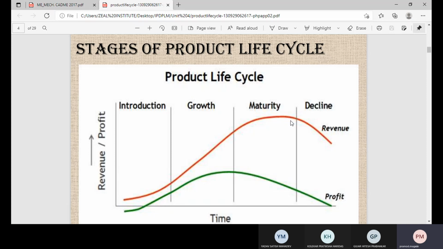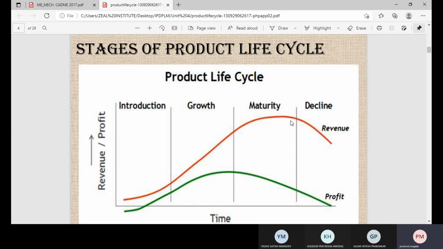In case of profit also, in the introduction phase we cannot calculate the profit because this is just an intro. Whatever money we have spent on the development of that particular product cannot be recovered in the introduction phase. It will be recovered between the growth and maturity span. Correct? If your features and product development are up to the mark, then you will get definite profit.